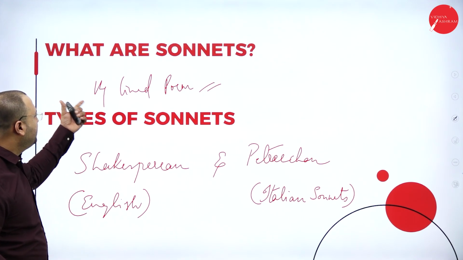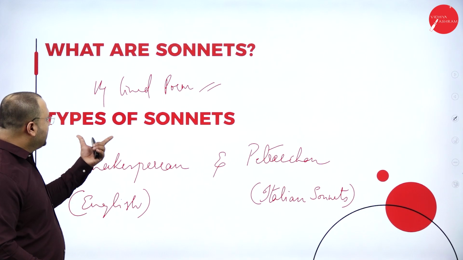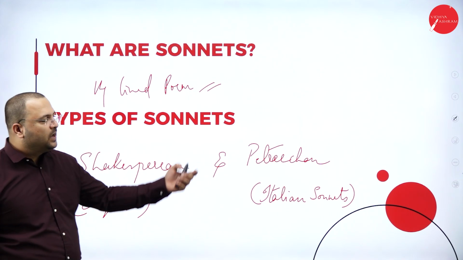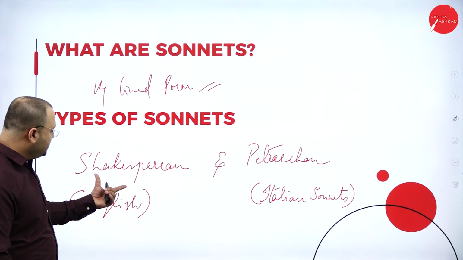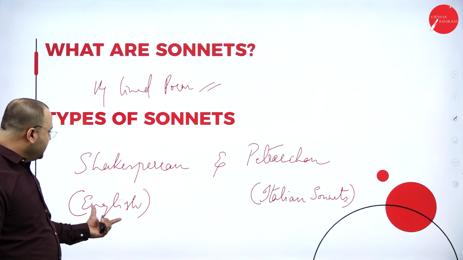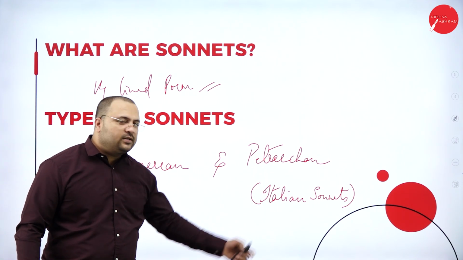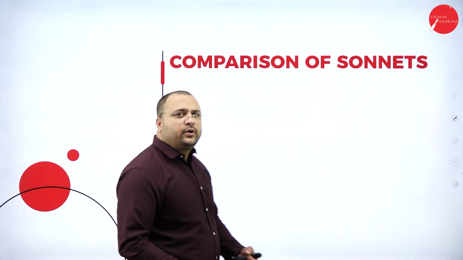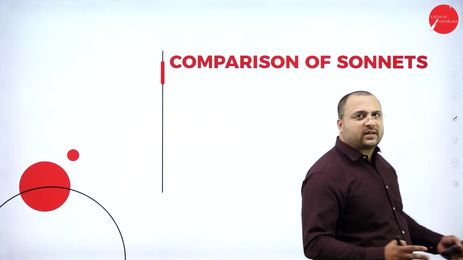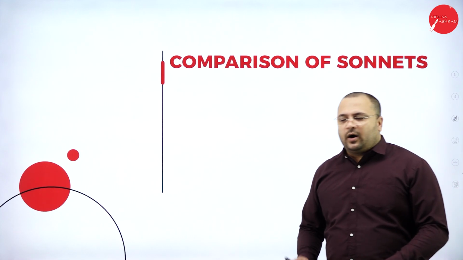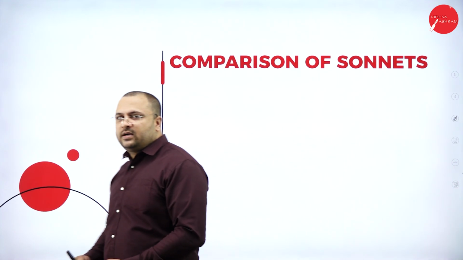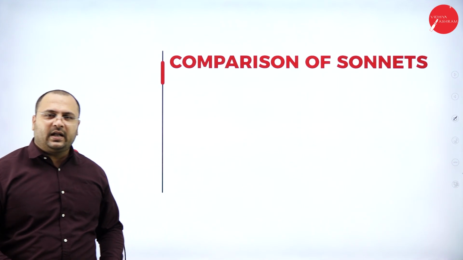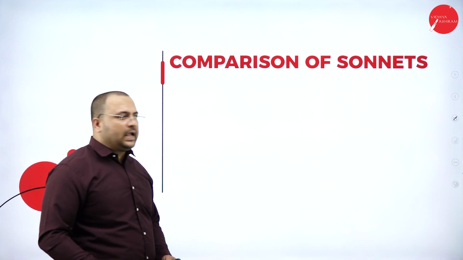What are sonnets? 14-lined poems. And types of sonnets, Shakespearean and Petrarchan. Shakespearean sonnets are otherwise called English sonnets. Petrarchan sonnets are otherwise called Italian sonnets. So how do you differentiate? How do you compare these two sonnets? How do you differentiate whether a given sonnet belongs to the Shakespearean category or the Petrarchan category?